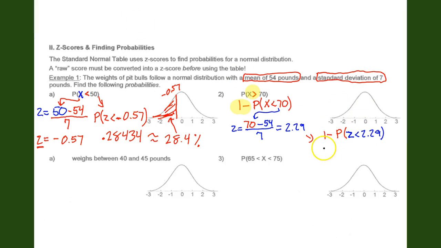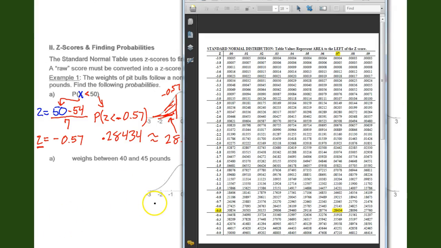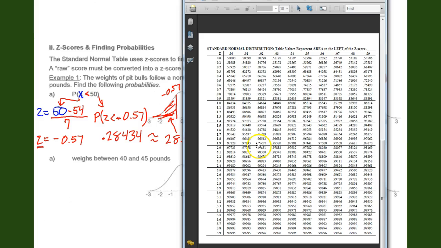And since it's a z less than, you can look up on the table, find 2.29. Okay, 2.2 is right here, 0.09 right here. So we're looking at 0.98899.